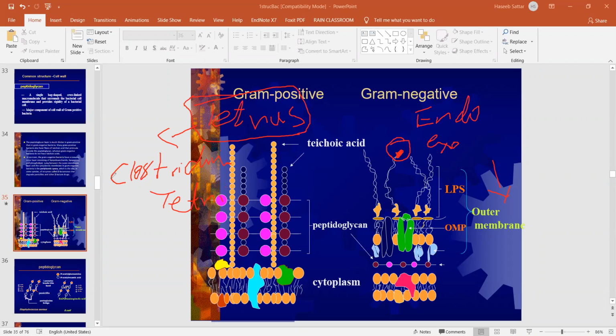So this Clostridium tetani secretes an exotoxin. It secretes a toxin which is released in the blood, and within the blood this toxin circulates. So which bacteria? Clostridium tetani.